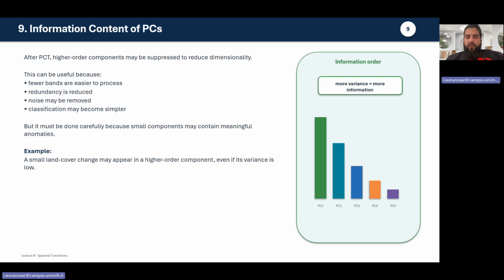A small land cover change may appear in the higher order components, although its variance is low. So if we assume it's not important and remove it, we are losing information. This should be decided very carefully, and a higher component doesn't mean it's irrelevant. It is relevant, for minor details, for removing noise, and for finding good information.